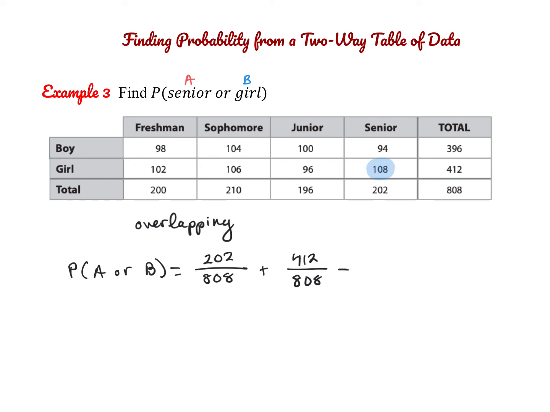So 108 students have been counted as both seniors and girls, so we have to subtract that away to avoid the double counting. So here we get 506 over 808, which is 253 over 404 when you simplify.